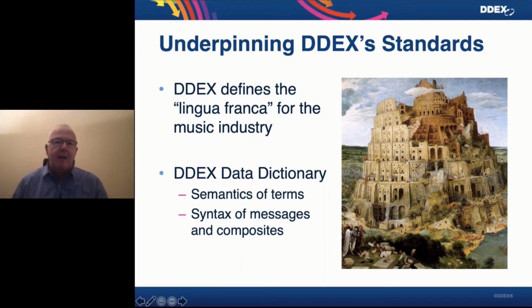A common entity like sound recording needs to be specifically described. So we create a composite for sound recordings, and that composite will appear in all sorts of different messages, pretty much in the same format. And we use all of those composites as building blocks for our messages.